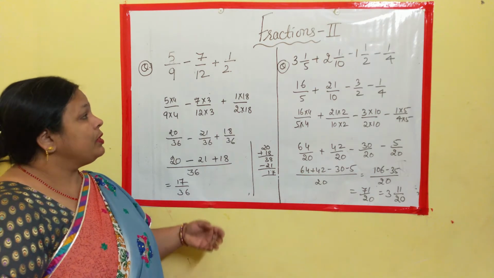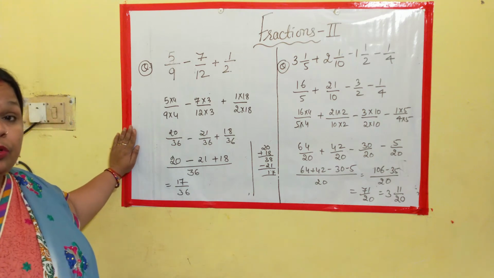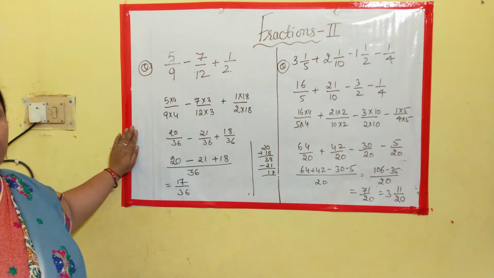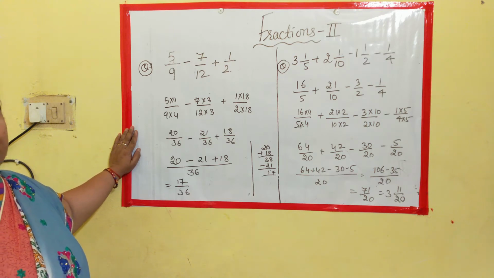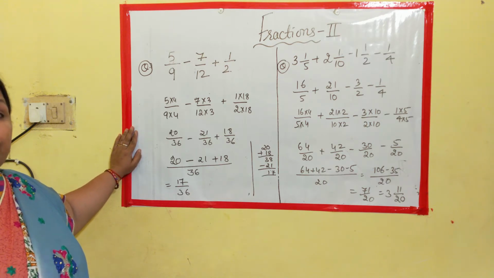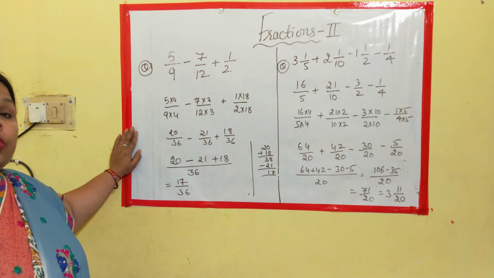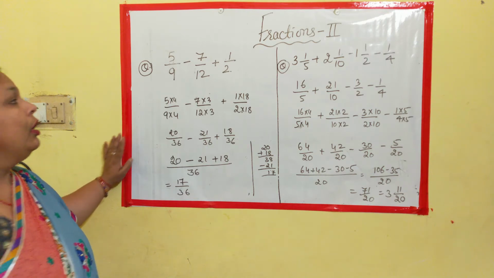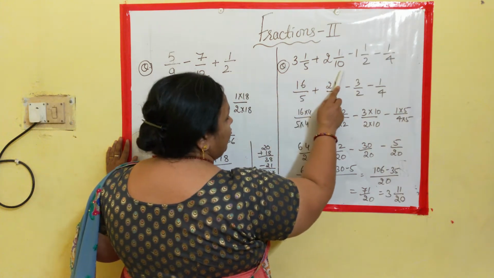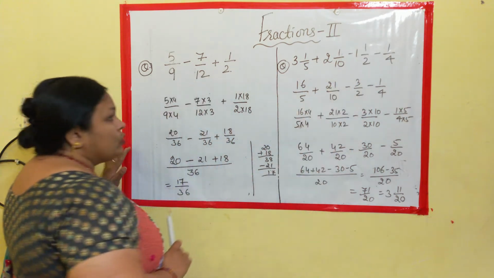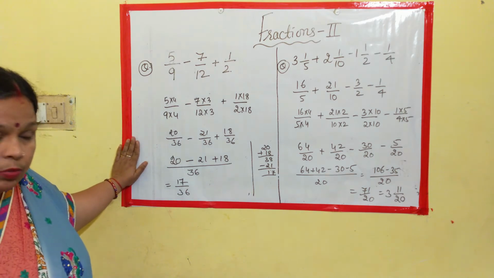So next example is where we are going to see mixed fraction simplification. Simplification in fractions: the first example which we have seen was totally with addition. Here we have subtraction and addition. In this example, 2 addition and 2 subtraction. So how are we going to move further?